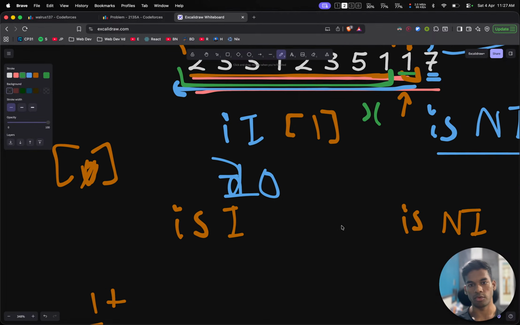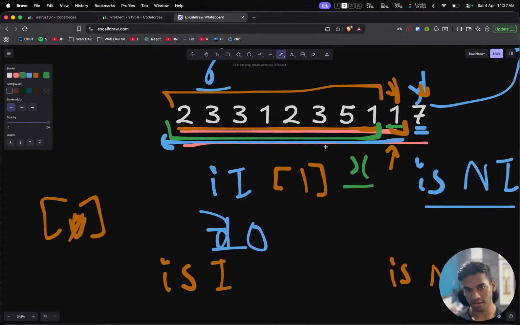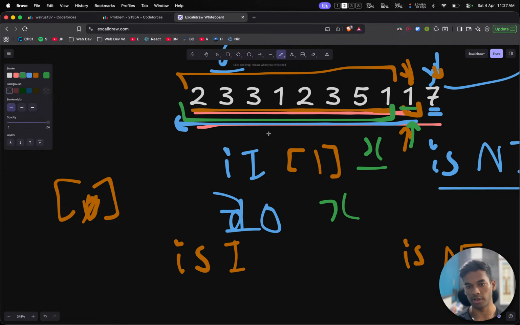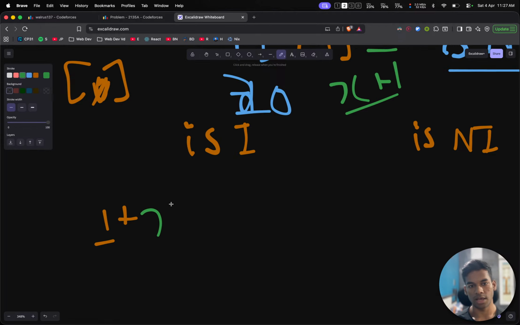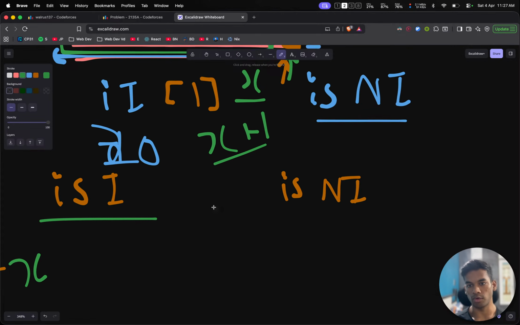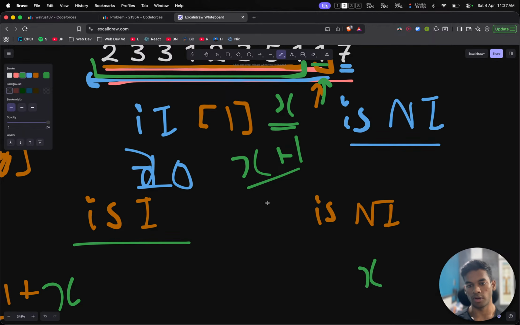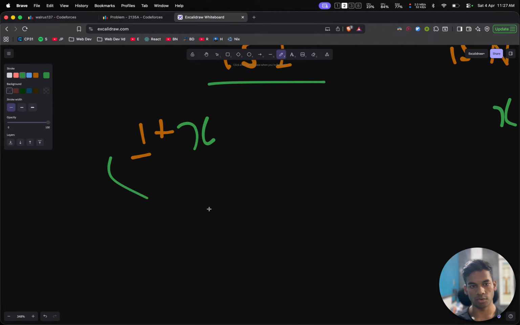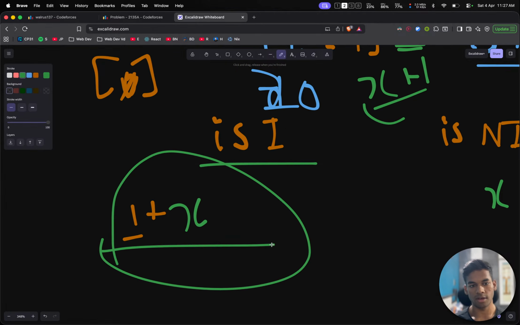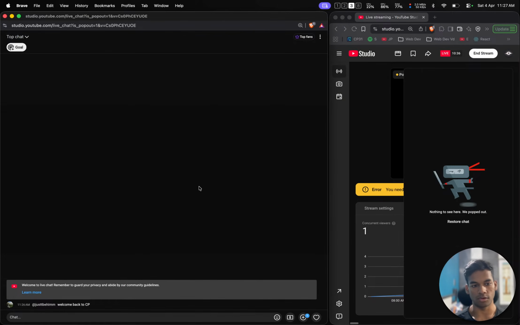So the answer would be the best answer x from the left plus 1, because we have one extra 1, whatever that subsequence is on the left, plus 1. That is our answer if 1 is included. But if 1 is not included, then the answer would just be x. So here it is cool to include 1, because our answer is x plus 1 and not x. So pretty good.